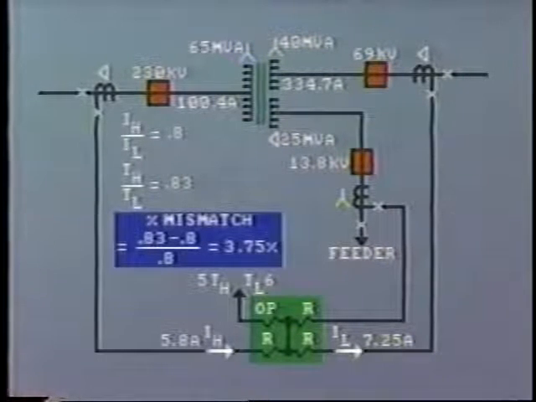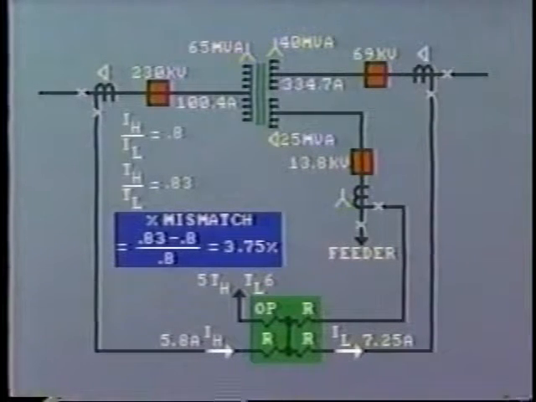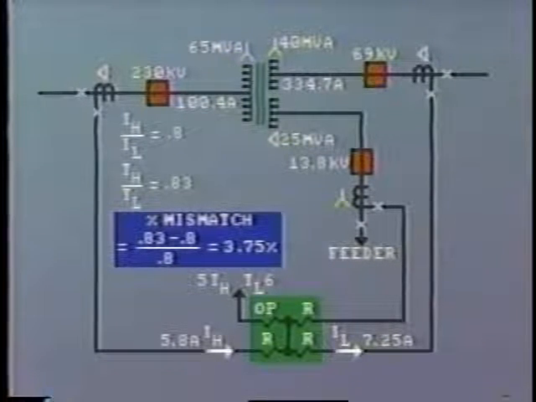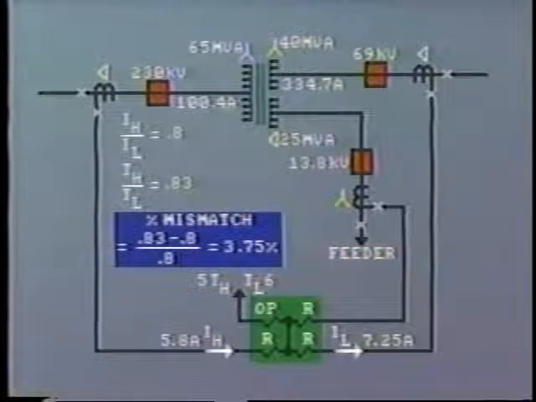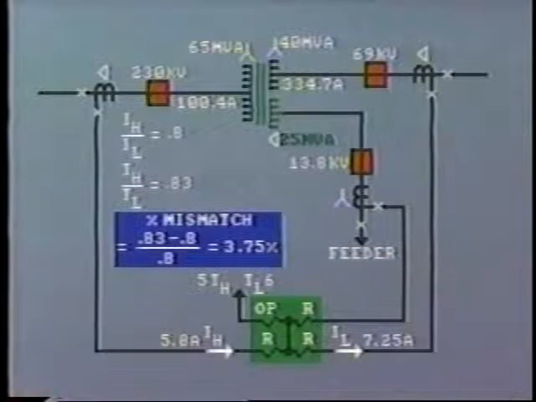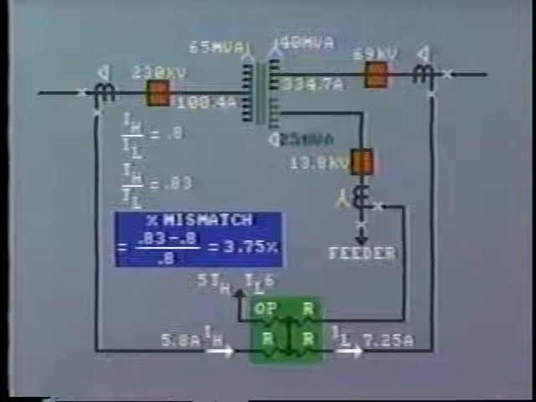Our mismatch can now be calculated as (0.83 minus 0.8) divided by 0.8, which equals 3.75%. This is well within the transformer differential relay restraint setting. A similar calculation would now be made for the tertiary, using 25 MVA as the base.